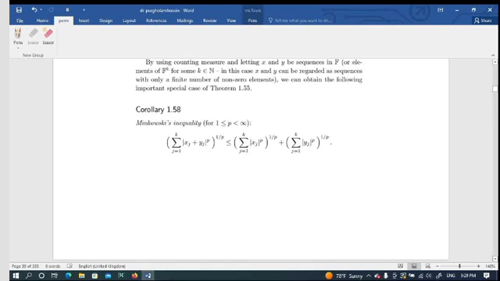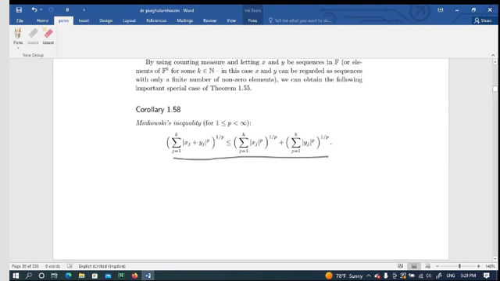And this is the Minkowski inequality. It is also important. We need this inequality for p between 1 and infinity.